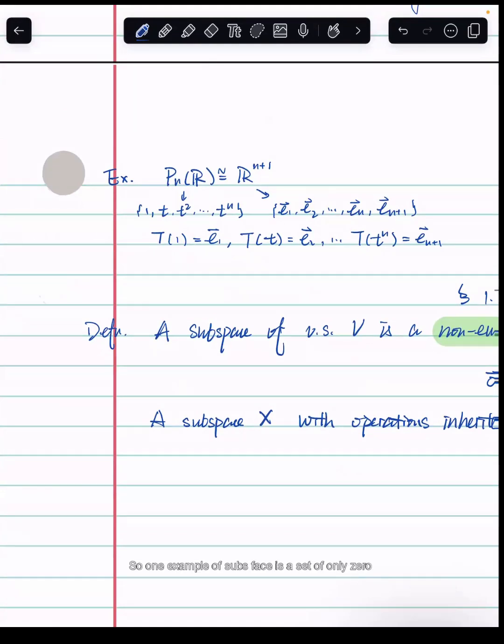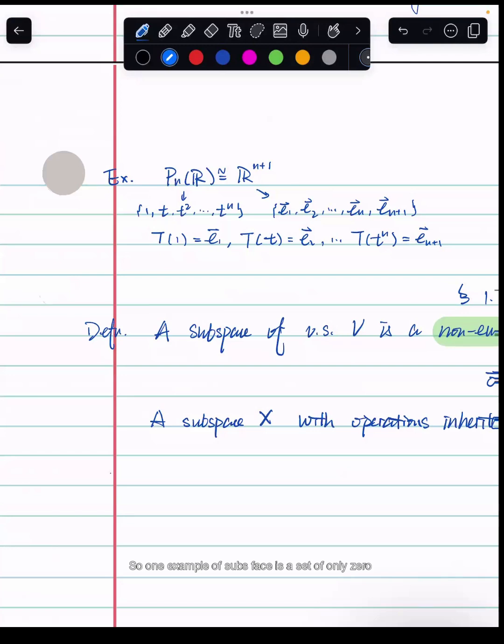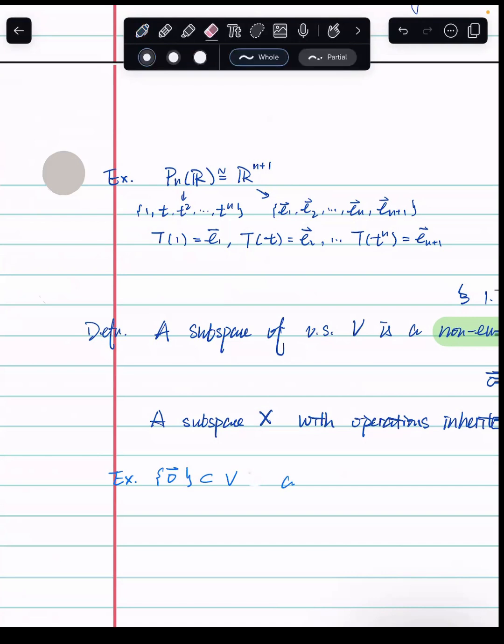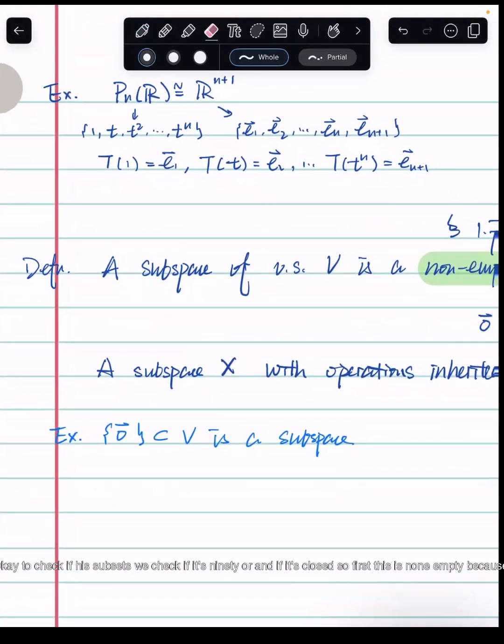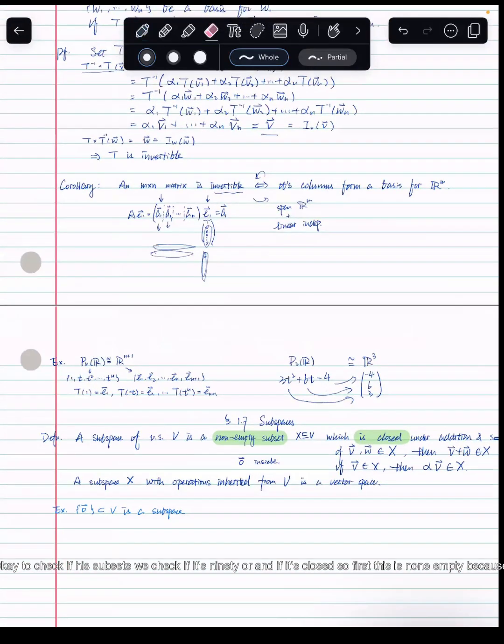So one example of a subspace is the set of only 0, the 0 inside of V. To check if it's a subspace, we check if it's non-empty and if it's closed.